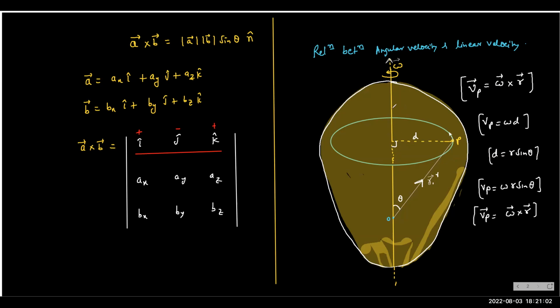So try the omega cross r using the right hand. Omega is up, r is towards the right. Omega cross r, thumb is inside. Can you see? The thumb is pointing inside. So the omega cross r will give you the velocity.